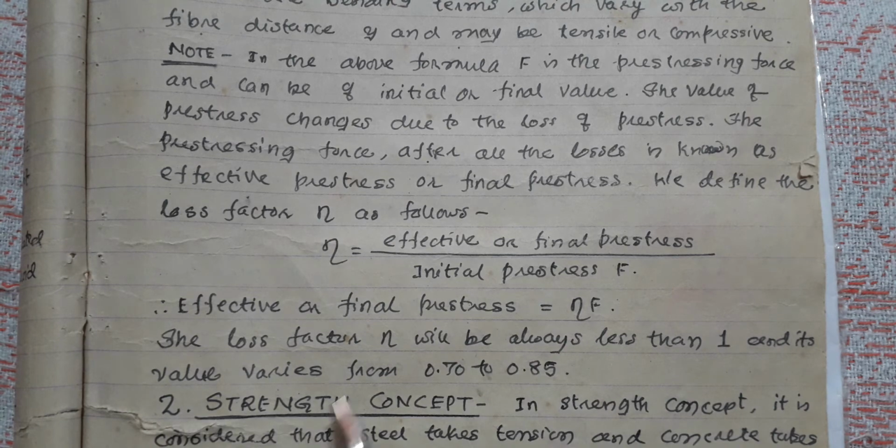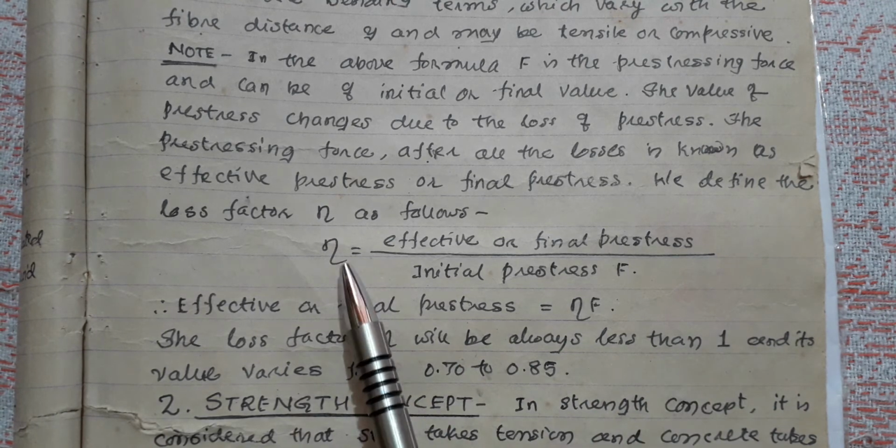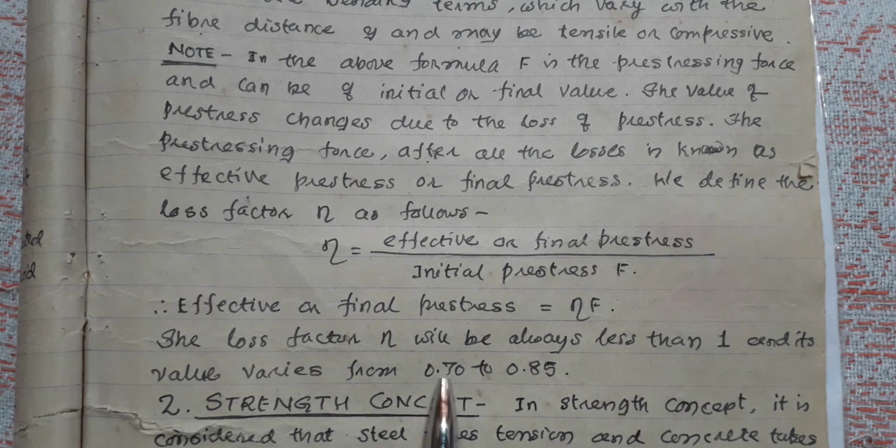That's why this loss factor eta varies from 0.7 to 0.85. 0.7 means 30% loss has taken place. If eta is 0.85, I say that 15% loss has taken place.